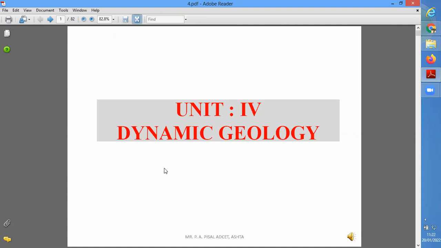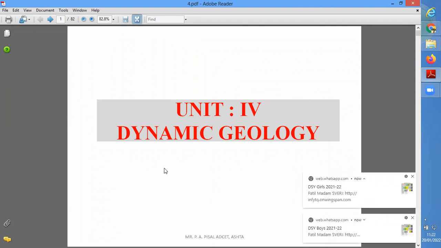So this unit number 5 is related with the dynamic geology. What is the meaning of dynamic geology? The various processes are going on the surface of the earth and inside the earth, and due to those processes, the changes occurring on the surface of the earth are considered as dynamic changes.